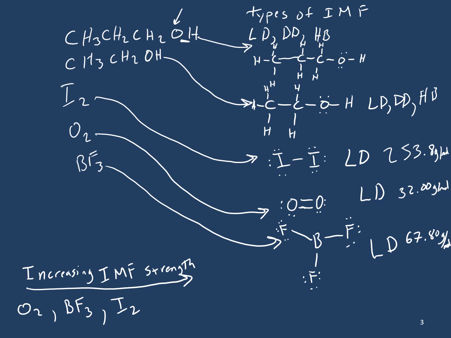And this is pretty much how we always settle ties of the types of intermolecular forces present. So if two molecules have the same types of intermolecular forces, the one with the larger molar mass will be stronger due to increasing intermolecular force strength. As a general rule, dipole-dipole and hydrogen bonding don't really change in strength too much between different molecules for the most part. And so London dispersion is pretty much always going to be the tiebreaker.